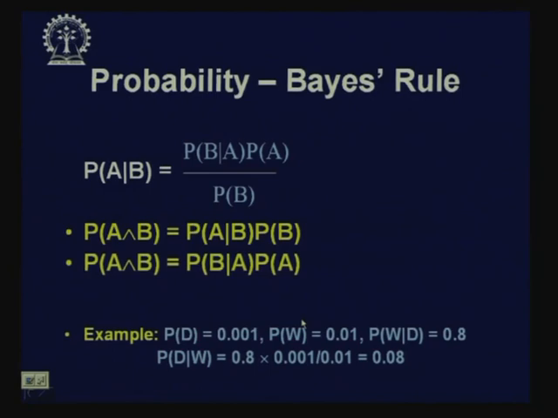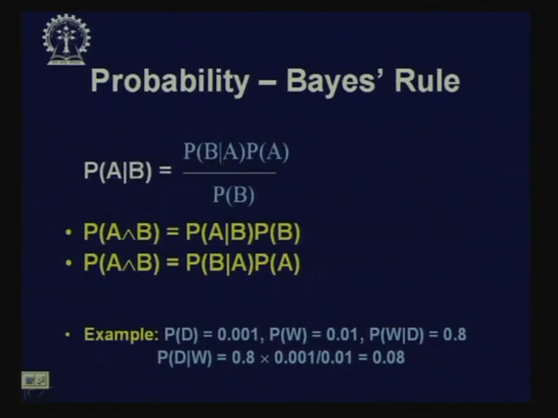Now, in order to handle this sort of case, there is a very interesting and famous rule known as Bayes' rule, which is used for computing conditional probabilities. The probability of an event A given B, that is, if B is known, what is the probability of A, can be computed by this formula.